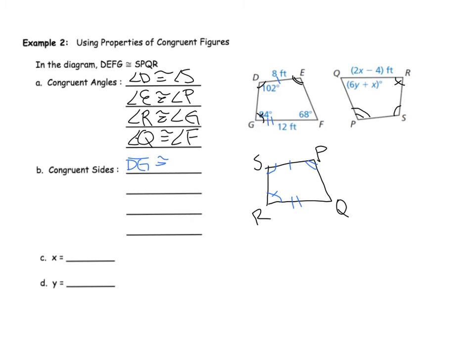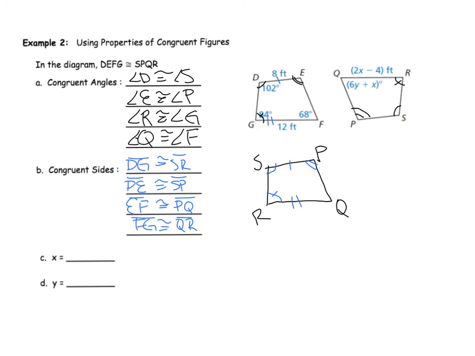DG is going to be congruent to SR. DE is congruent to SP. EF is congruent to PQ. And FG is congruent to QR.